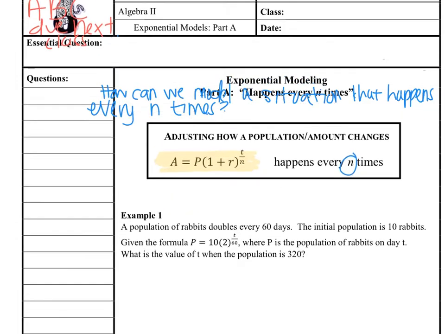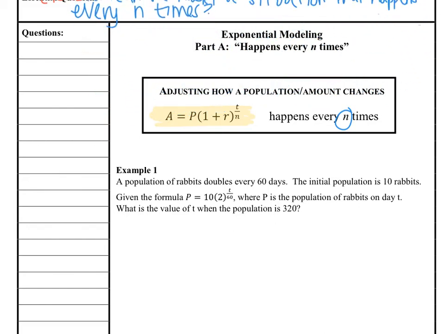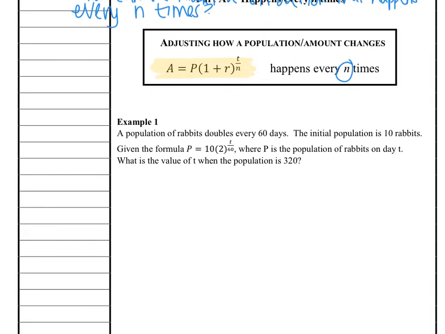So in this first example, we're actually talking about a population that is doubling, and this is talking about rabbits. So we've got this population of rabbits that doubles every 60 days. So doubling means that we are changing by 100%. Rate equals 100%. So in other words, R equals 1.0. And because it's happening every 60 days, this is how often it happens.